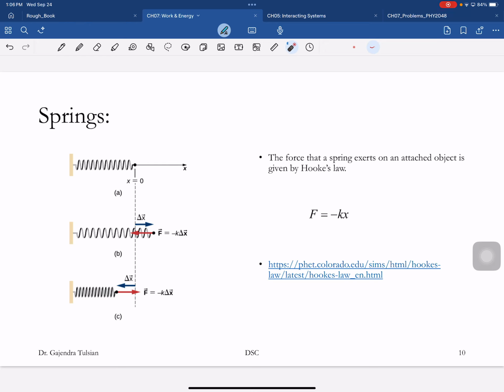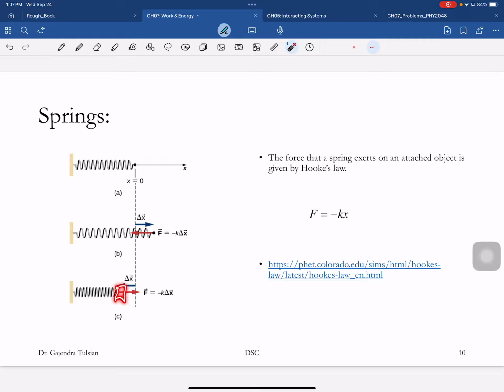Let's say you attach a mass to this spring, and if you pull the mass to this side, the spring pulls back on the mass. This is the unstretched position of the spring, the equilibrium position. If you pull the mass here, the mass gets pulled back.